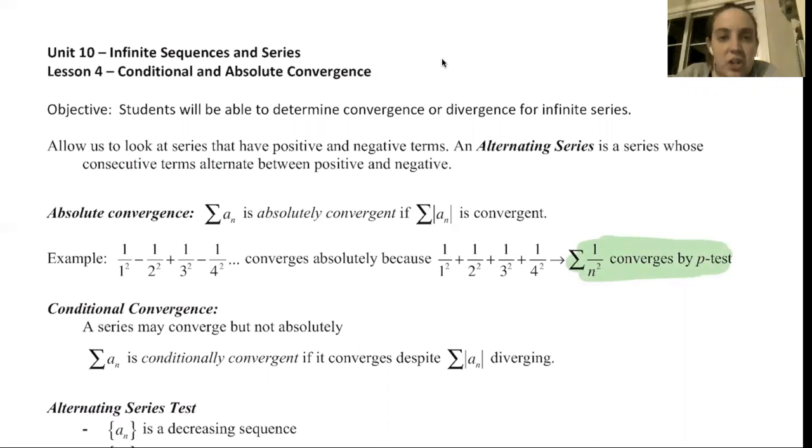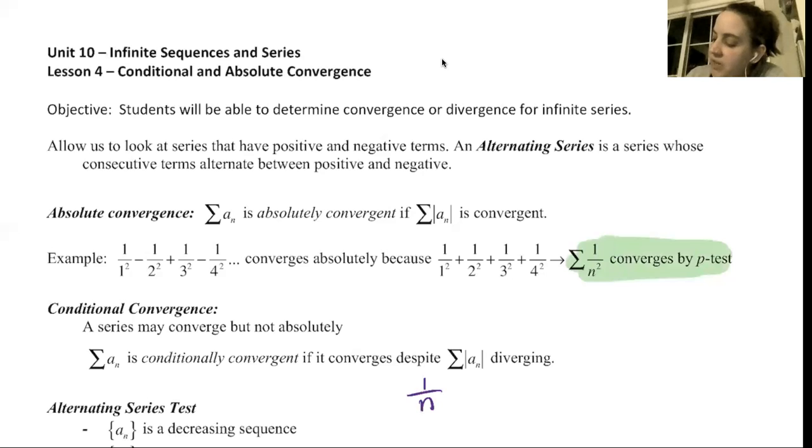Conditional convergence happens if I have an alternating series that converges, but the absolute value version of it diverges. Then we call it conditionally convergent. The biggest example I can give you of that is 1 over n.